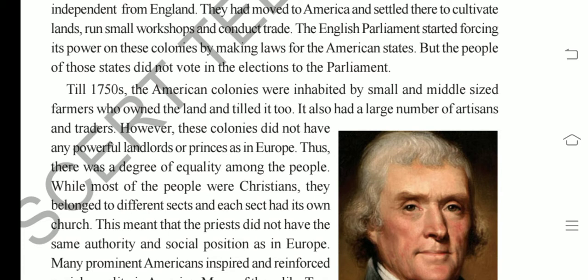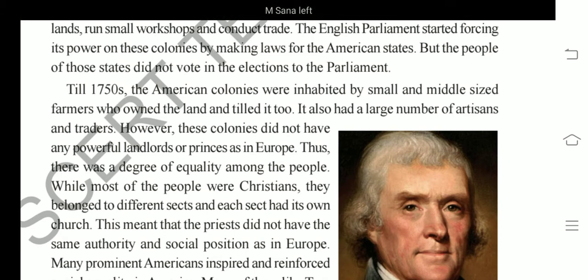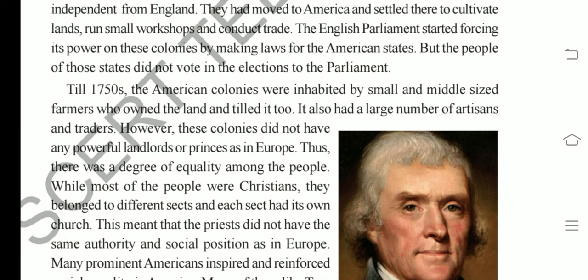After settling, these English people in the 13 states of America followed their own Christianity with their own church. The people from England who migrated into the American 13 states belonged to different sections. So each section had its own church.